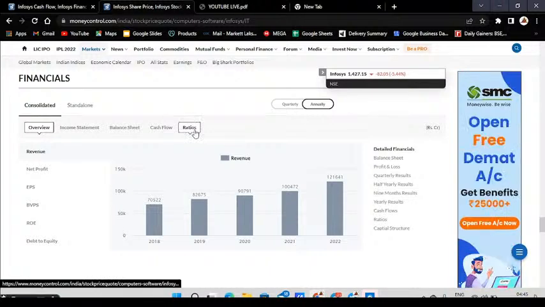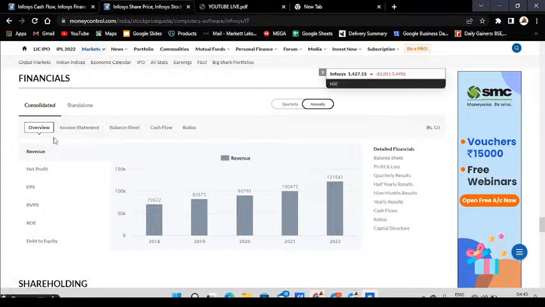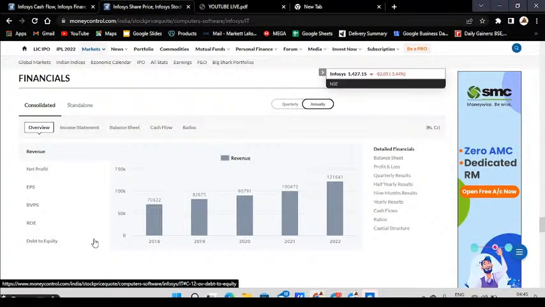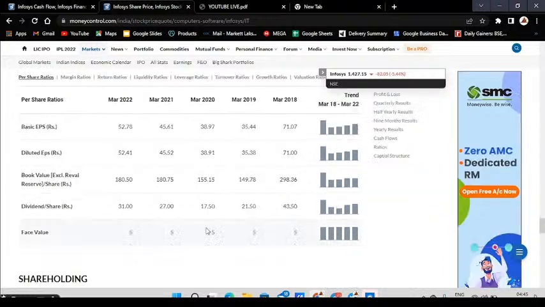Now here is written the face value, which is of rupees 5. For which stock? Infosys.